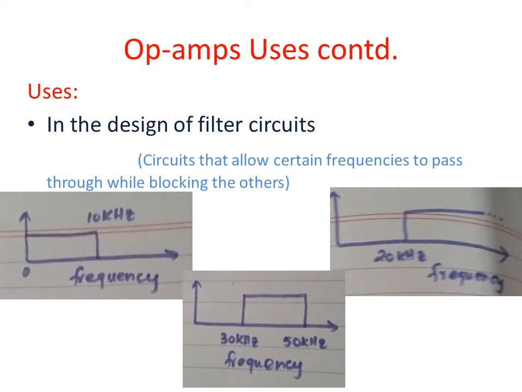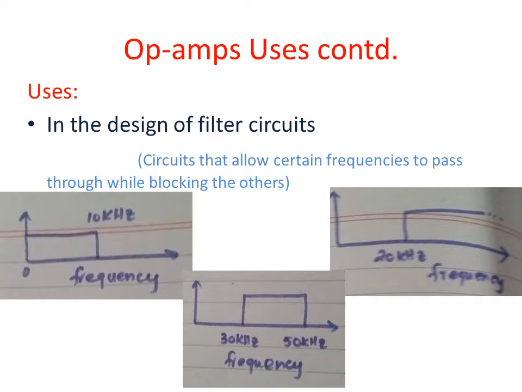Okay, operational amplifiers are also used in the design of filter circuits. Again, we do not need to know the details behind what are filter circuits, but we should know what actually filter circuits are. Circuits which have the capability to allow certain frequencies to pass through them while they block other frequencies.